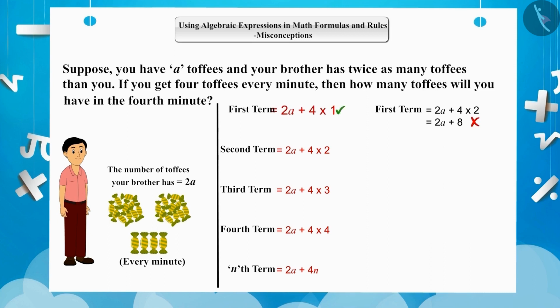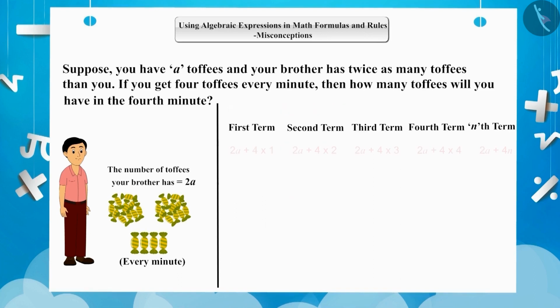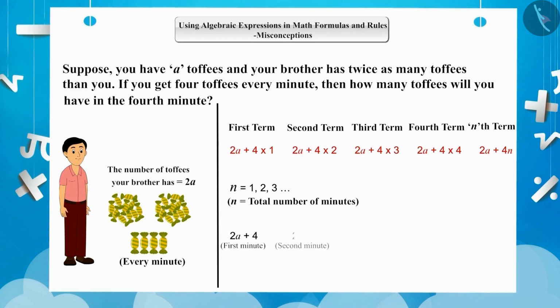Just multiply a by 2 and not n. So, according to the correct pattern, the number of toffees your brother will have is 2a plus 4, 2a plus 8, 2a plus 12, 2a plus 16, and 2a plus 4n.